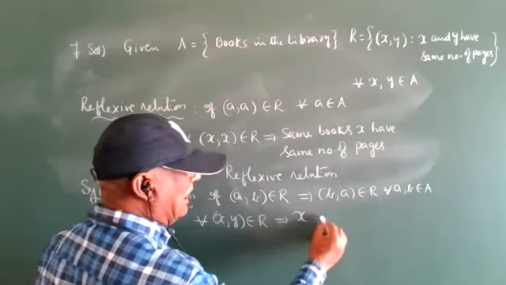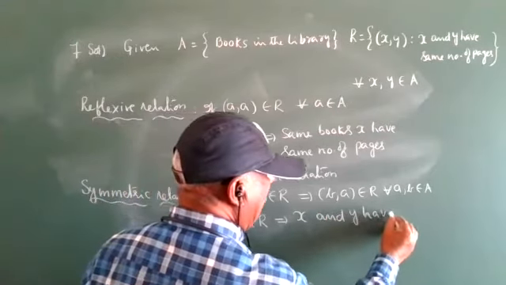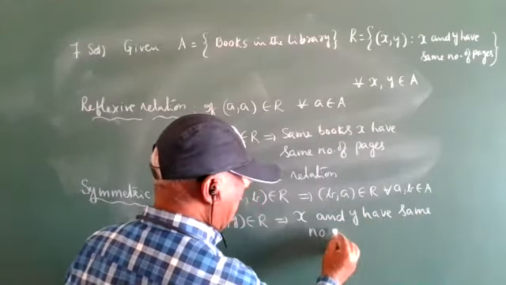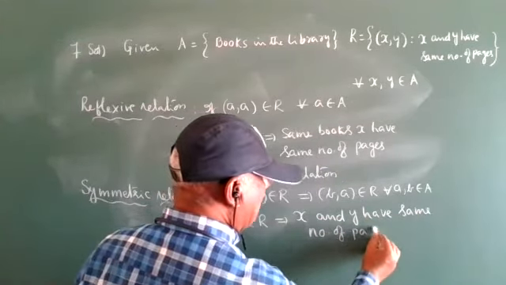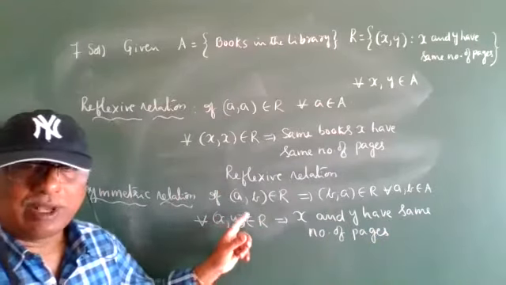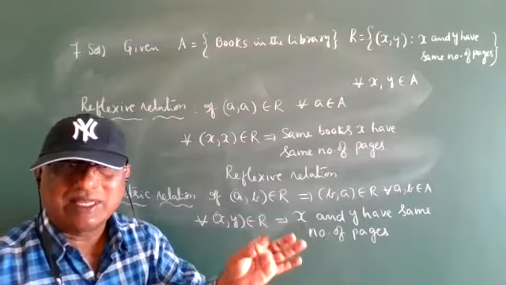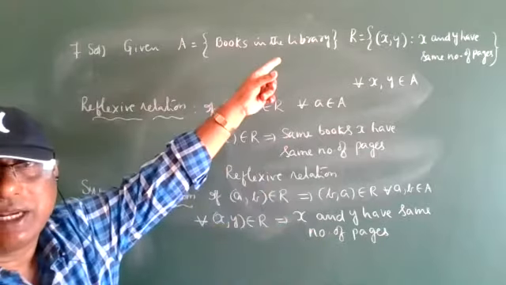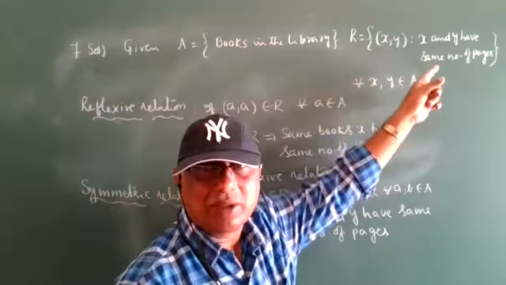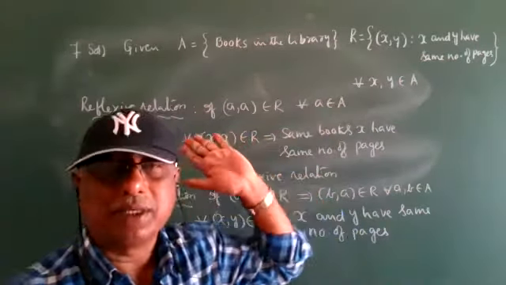If (x, y) belongs to R, then x and y have the same number of pages by the definition. Okay?